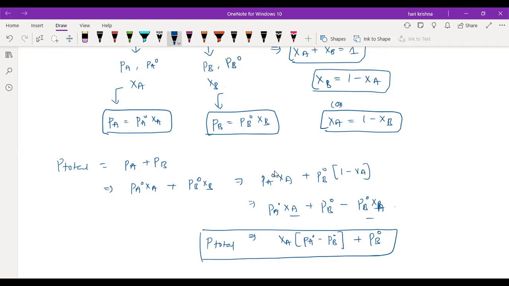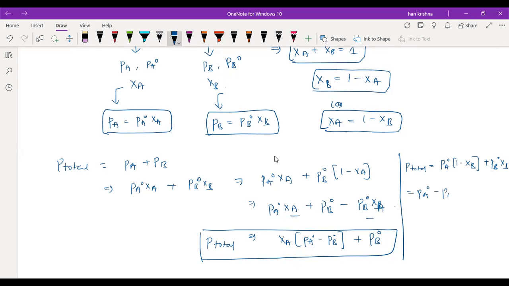Or else, instead of substituting XB equal to 1 minus XA, we can substitute one more formula here. P total equal to PA naught into 1 minus XB, substituted in place of XA, plus PB naught XB. So what is the P total now?